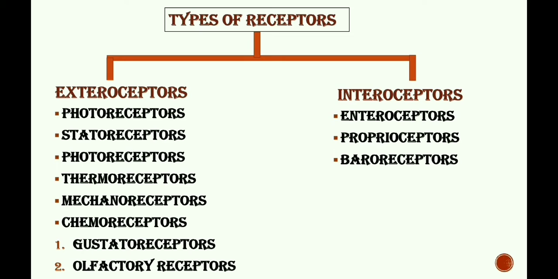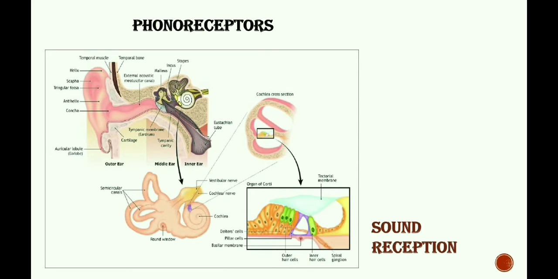The first one is phonoreceptors. Phonoreceptors are actually located in the internal ear, that is an organ of Corti, and its main function is sound reception.